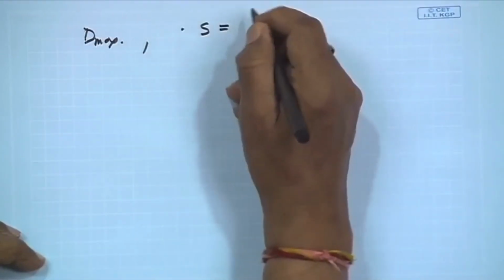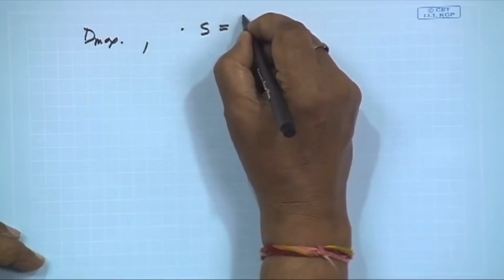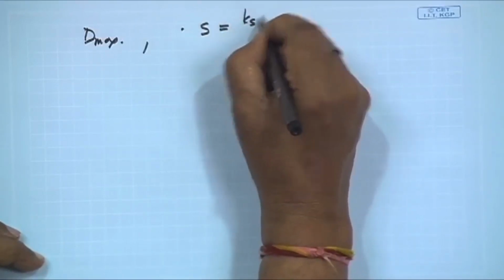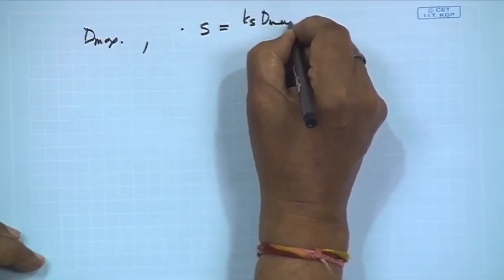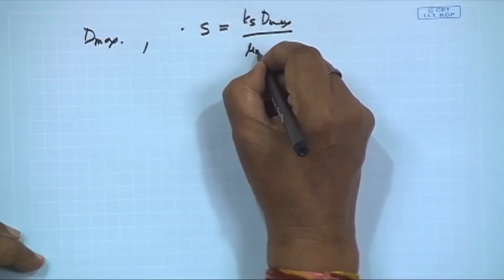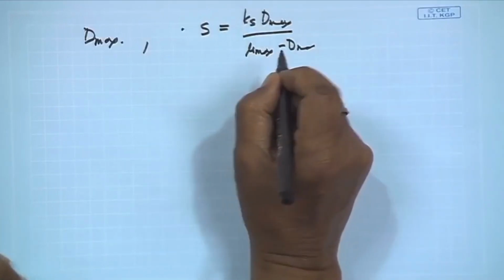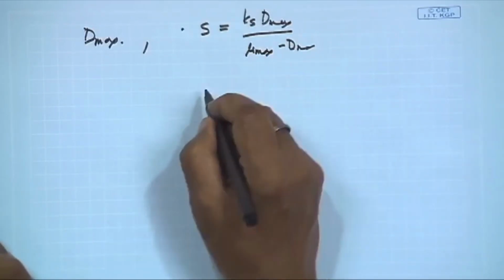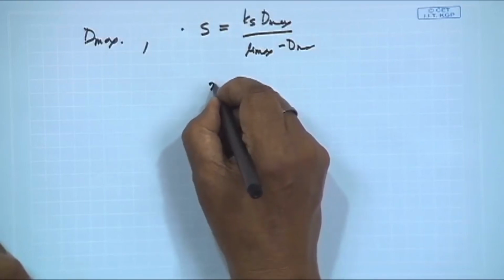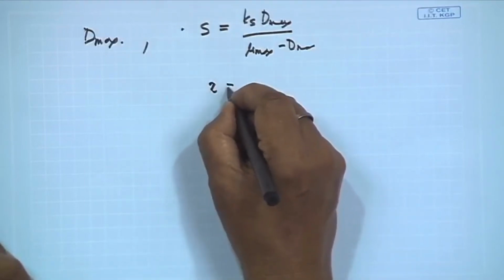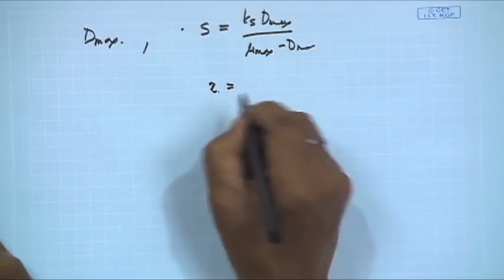S is equal to Ks Dmax divided by mu max minus Dmax. I can easily find out this value, and similarly I can find out the value of X.